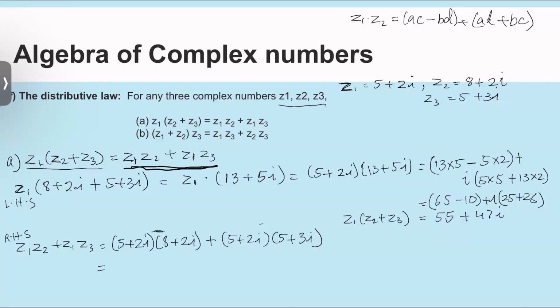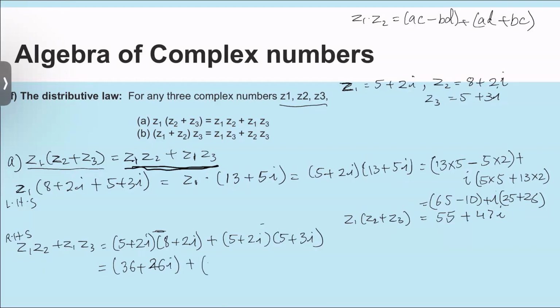We have already seen this multiplication, the product between these two numbers. So that comes out to be 36 plus 26i. Okay, let's solve this.